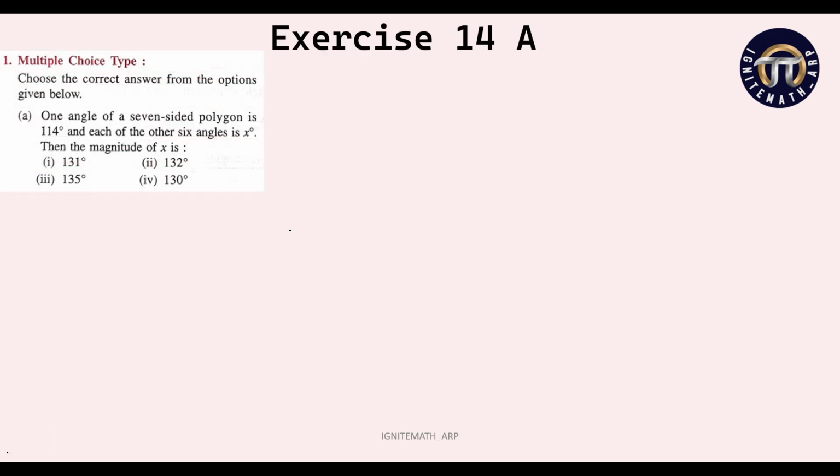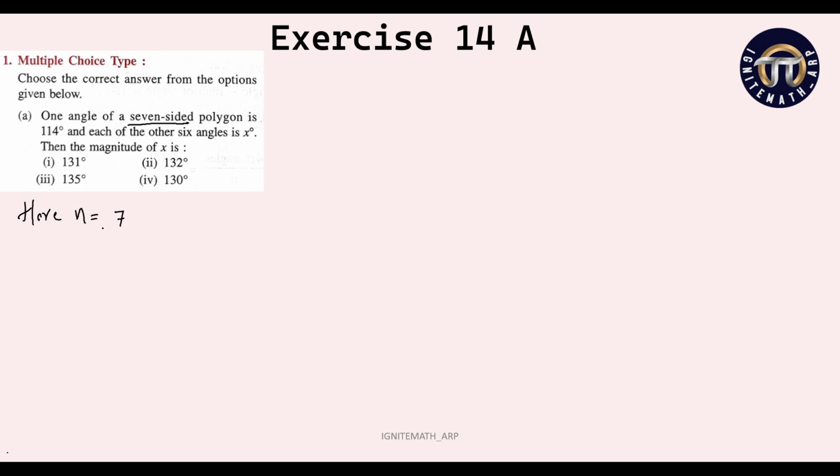Now let us see what kind of questions are there in the first exercise, that is 14A. See, the first one is a multiple choice question. Choose the correct answer from the options given. One angle of a 7-sided polygon is 114 and the remaining 6 angles are x degrees each. Then the magnitude of x is... So here what is the value of n, children? n is equal to 7, because they are telling that it is a 7-sided polygon.